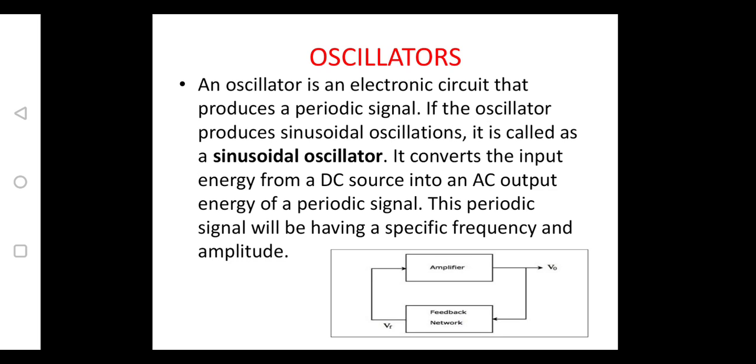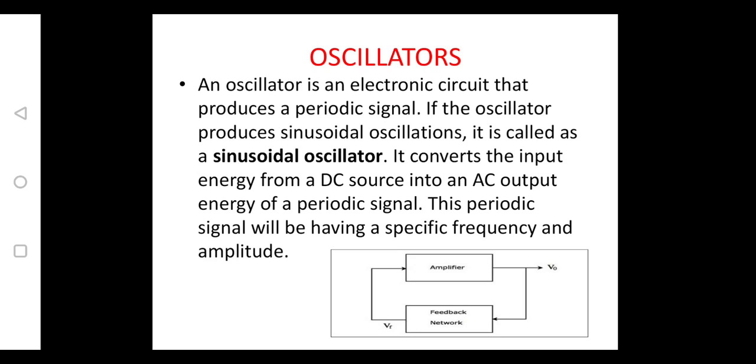If these oscillations are given to an amplifier circuit, then the output of such a circuit will be a sine wave. So the oscillator converts a DC source into an AC output of a periodic signal, and this periodic signal will have its specific frequency as well as time period.